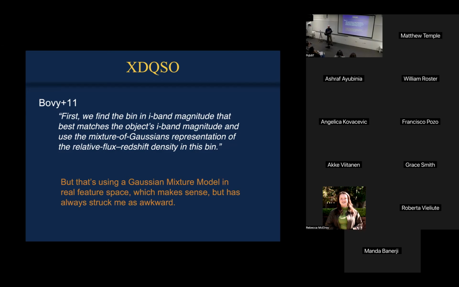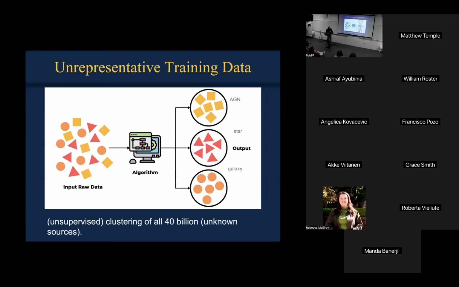So it makes a lot more sense for me to think about things in terms of the latent space. You start with your 40 billion sources. You run some sort of unsupervised clustering algorithm on them. And then your output is a lower dimensionality latent space, at least 3 dimensions. I think Matthew says 13 is needed for ZTF, right?